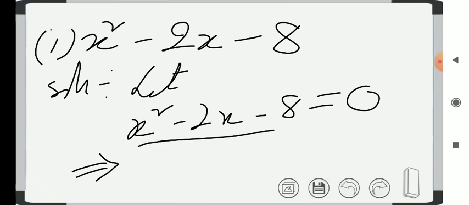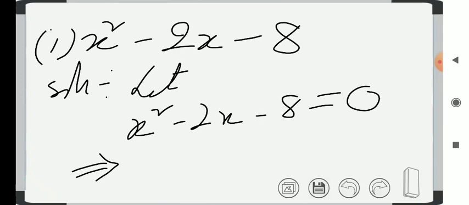So we can apply the method of middle term splitting, as we have done in class 9. If you have not understood middle term splitting nicely, listen carefully.